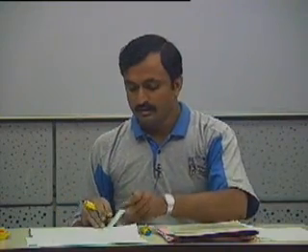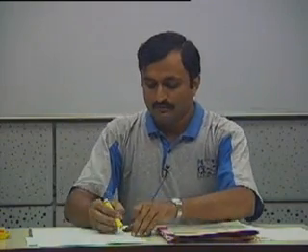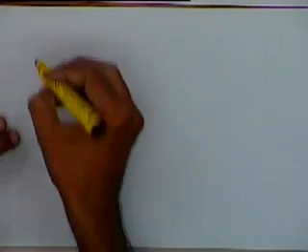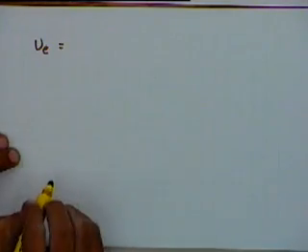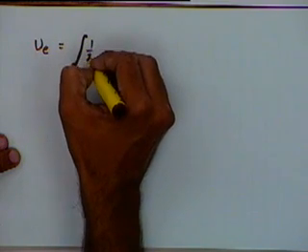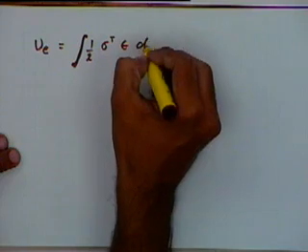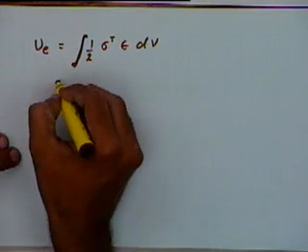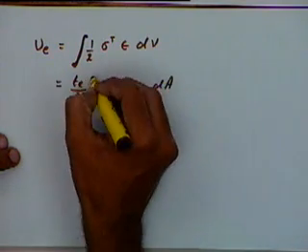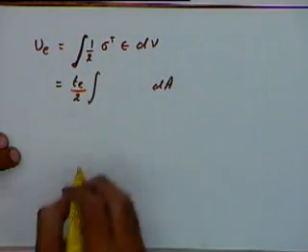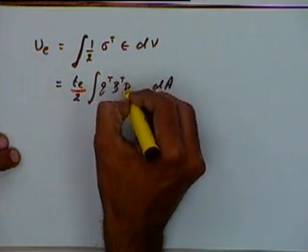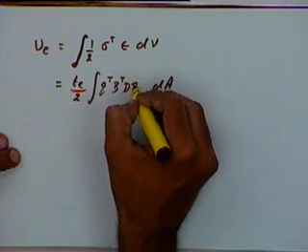And if I use this expression and try to get the expression for the strain energy, that is UE, which is given by integral of half sigma transpose epsilon dV, this will be equal to te by 2, te into dA will be dV, and sigma transpose will give me q transpose B transpose D, epsilon is B times q, so B times q.